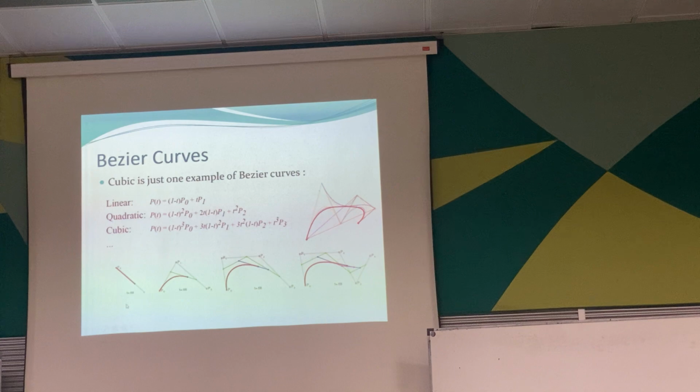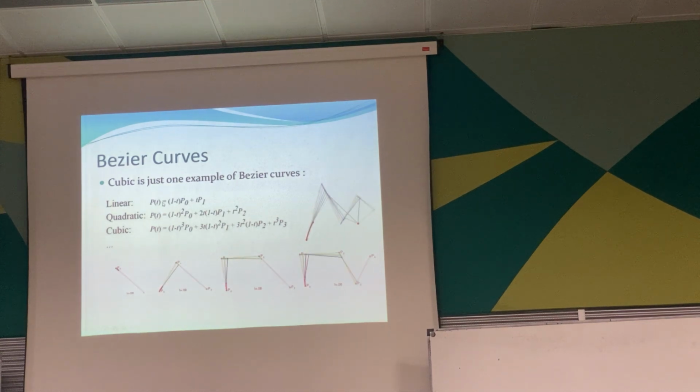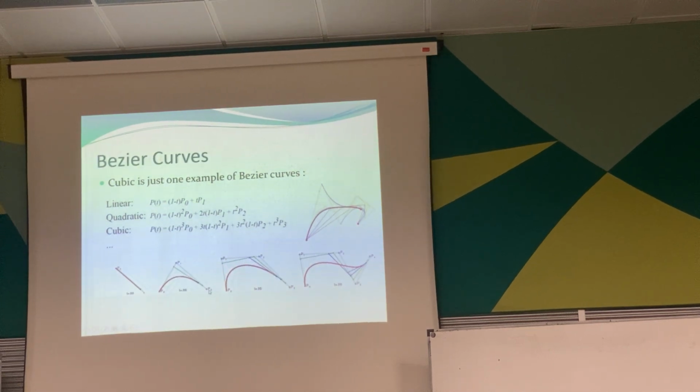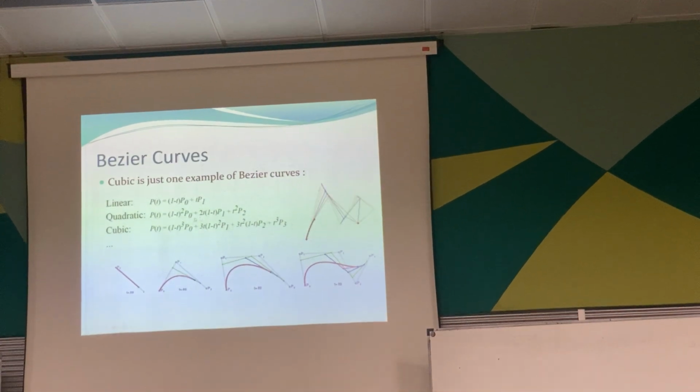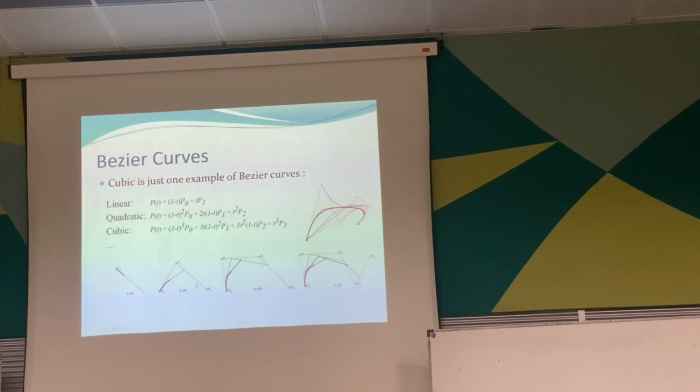If you only have 2 control points, that is degree 1, meaning n is 1, and you get a linear, straight line: P(t) equals (1 minus t) P0 plus t P1. If you have 3 control points, that is degree 2, and you get a quadratic. This is called the quadratic equation.